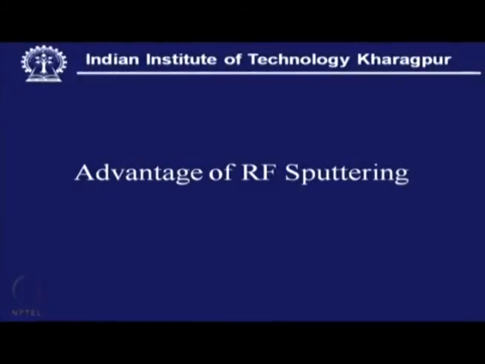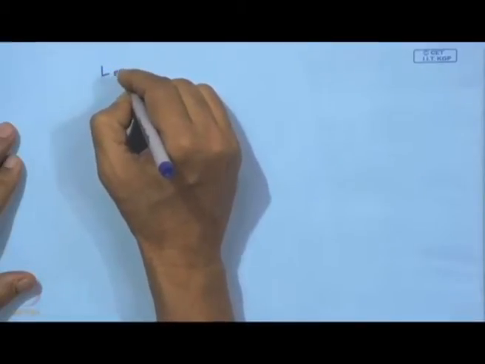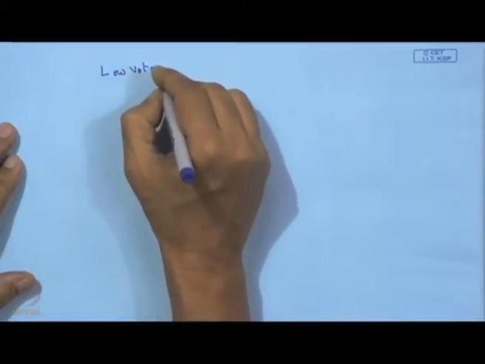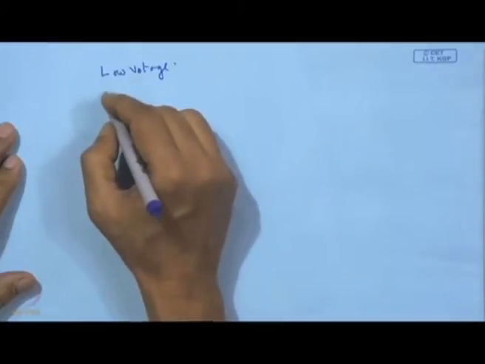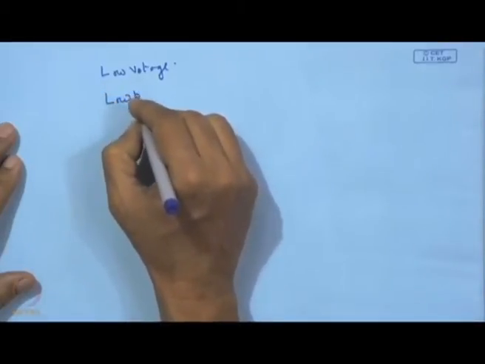Now, there are many advantages of RF sputtering. One of these advantages is, number 1, requirement of low voltage, and number 2, requirement of low pressure.